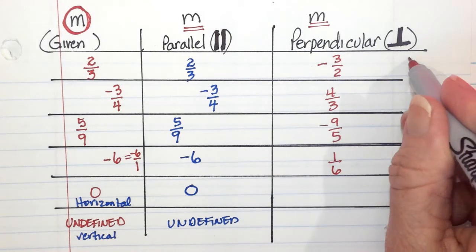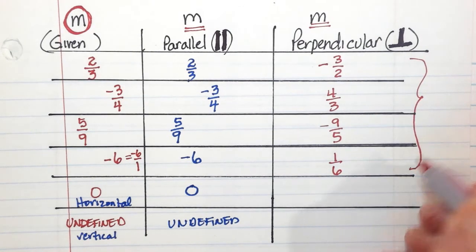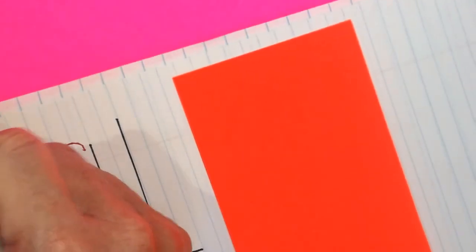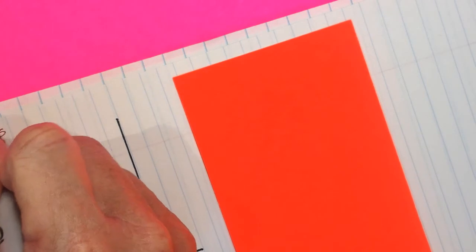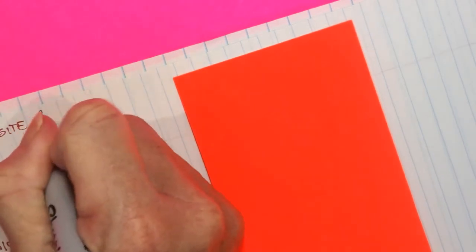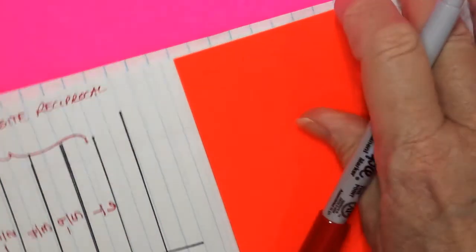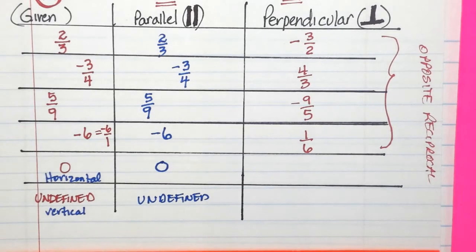So that works for these, using the term opposite or negative reciprocal. Let me write that in real quickly. Reciprocal means flip the fraction, and opposite means change the sign.